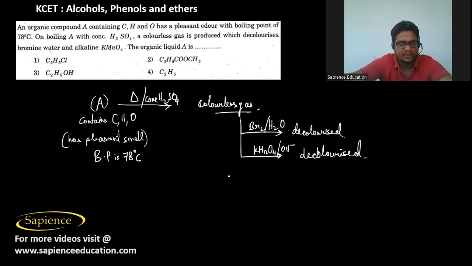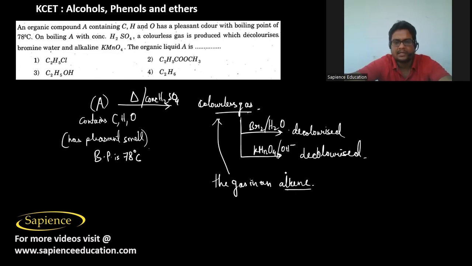So it means this colorless gas which has been produced should be an alkene, since an alkene can react with bromine water to form vicinal dibromide, and it can react with alkaline KMnO4 to form vicinal diol.